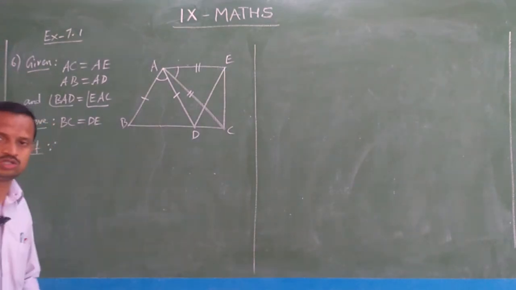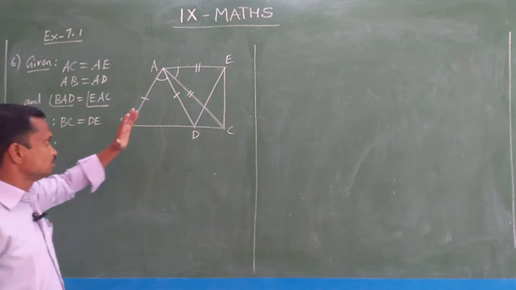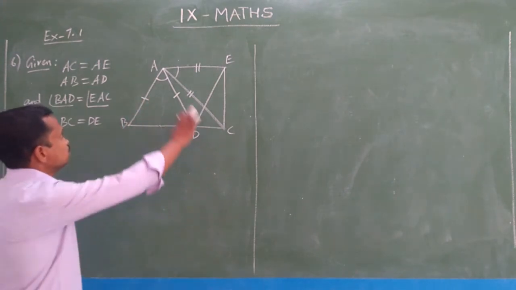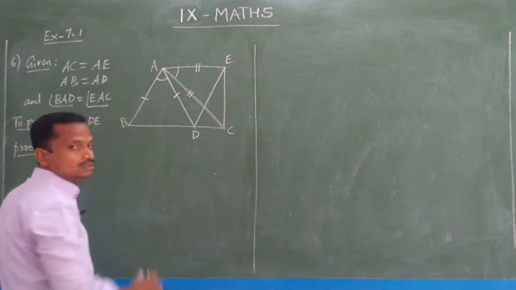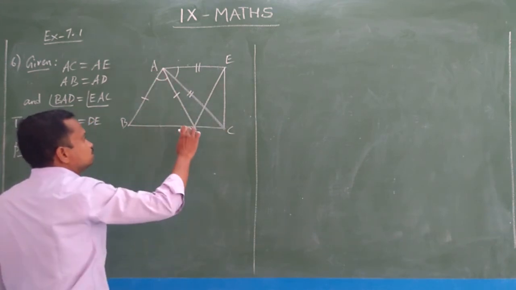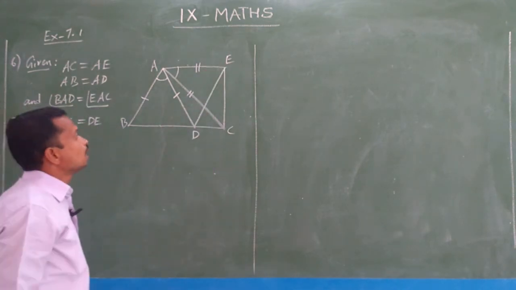So now coming to question number 6. So this is the diagram given there. Observe the diagram. ABC, you see, is one triangle. ADE is another triangle.